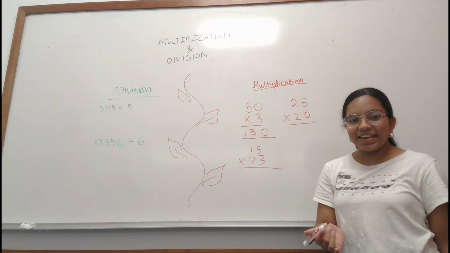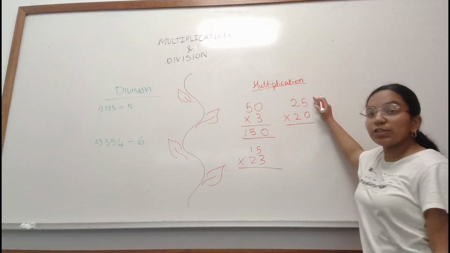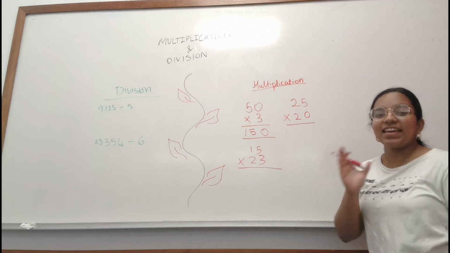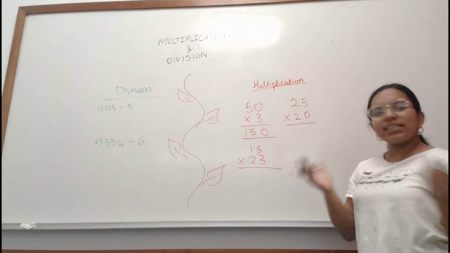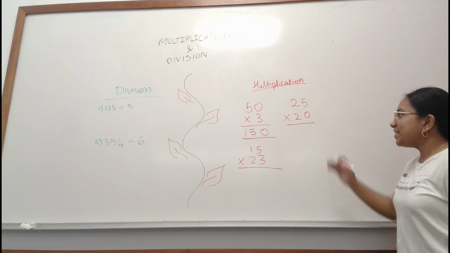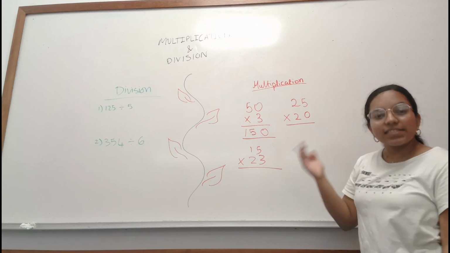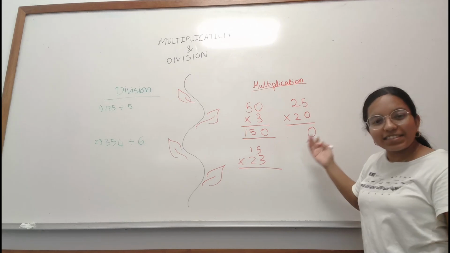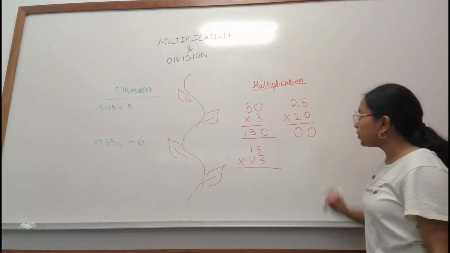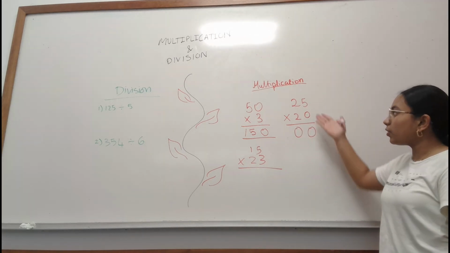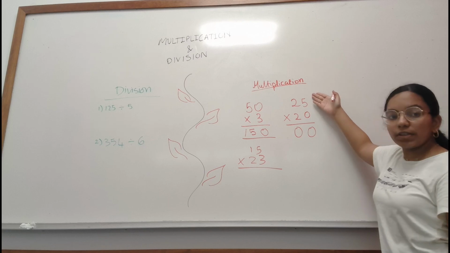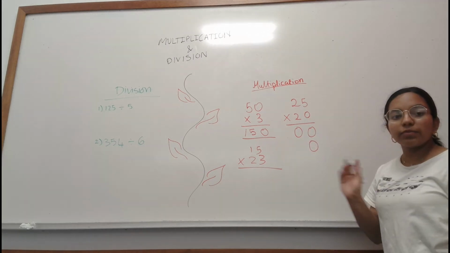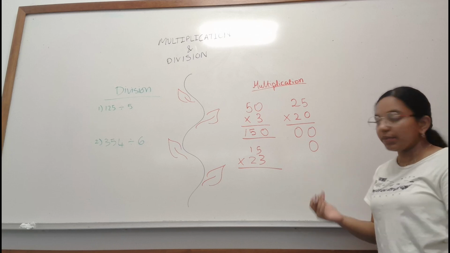That's simple, isn't it? But when we have two-digit numbers against two-digit numbers, it gets complicated. But it's easy, we can do this, right? 0 times 5 is 0, so that's a 0. 0 times 2 is 0, so that's also going to be a 0. When you go to the next line, or when you're done multiplying with everything on the top, you put a 0 on the next line before you start with anything, right?